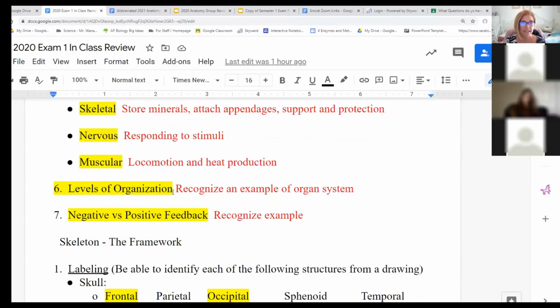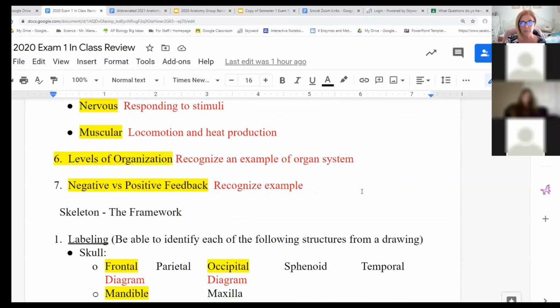For the levels of organization, the only one you will need on the test is the organ system. So recognize an example of an organ system like urinary system, immune system, cardiovascular system. The negative and positive feedbacks, recognizing an example. So negative feedback is one that corrects a situation.